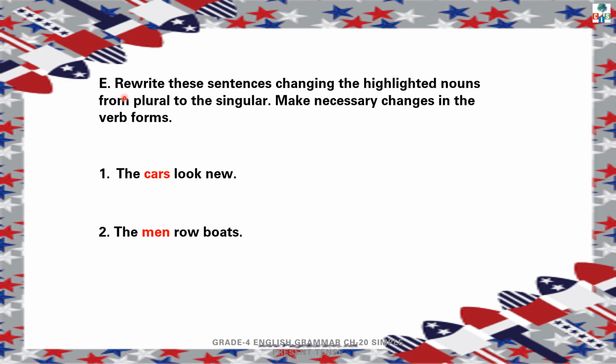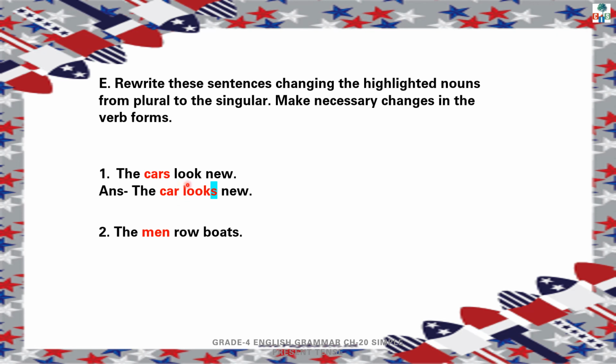Exercise E. Rewrite these sentences changing the highlighted nouns from plural to the singular. Make necessary changes in the verb forms. Number 1. The cars look new. Now here the noun is in plural form. So change it into singular. See the answer. The car. The cars will change into the car.